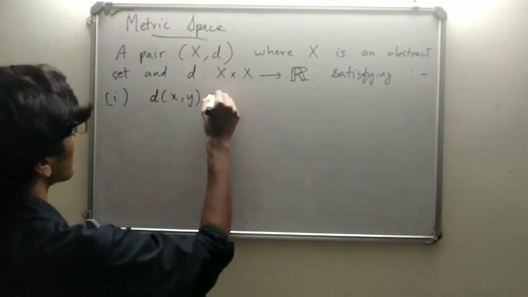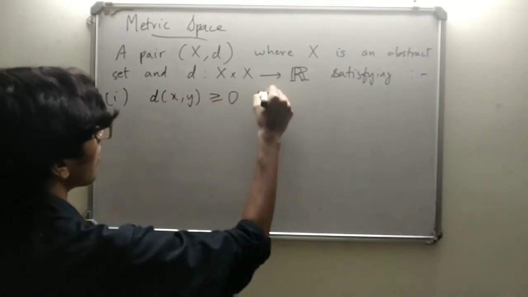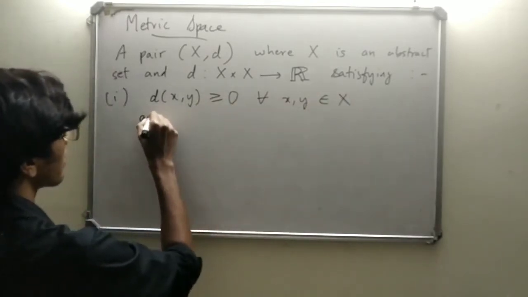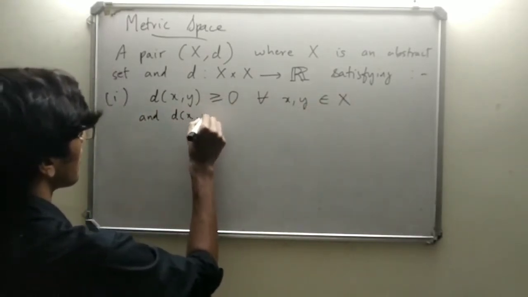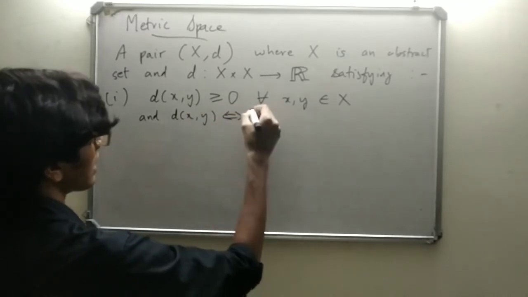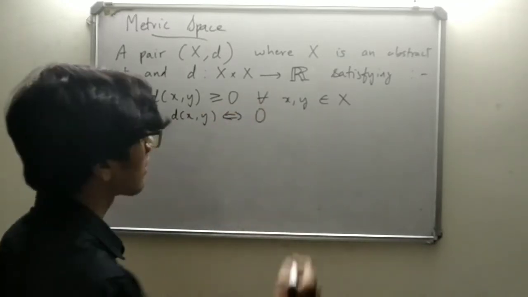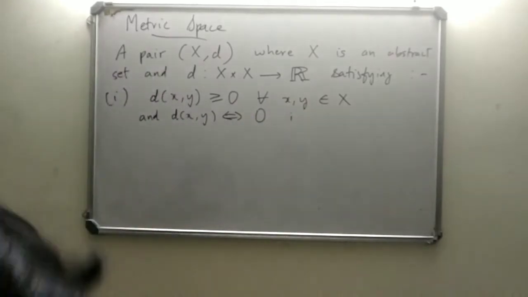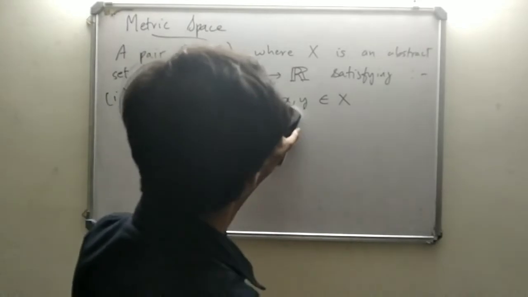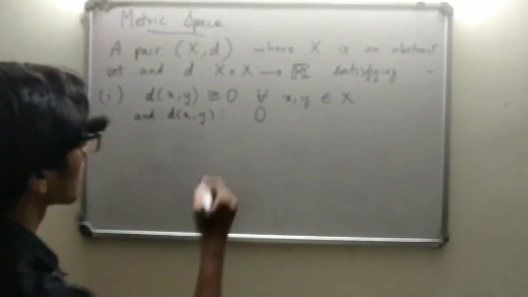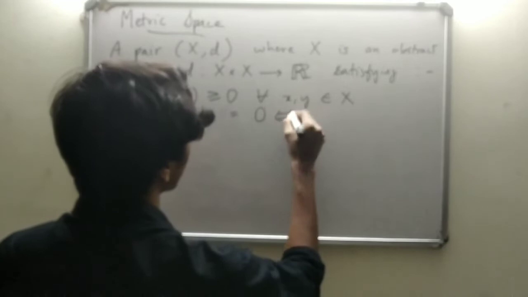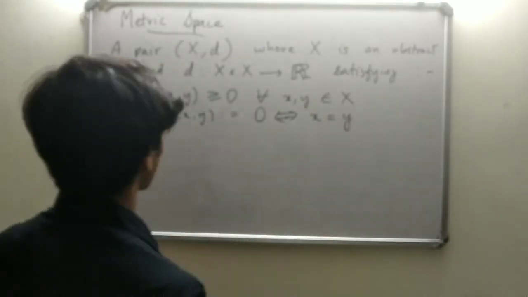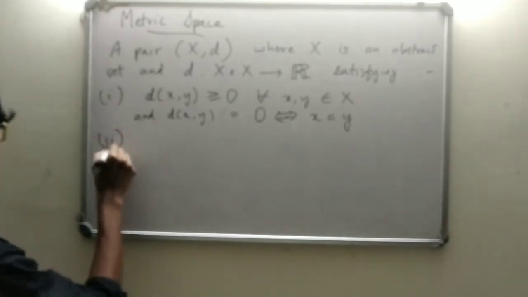D of xy greater than or equal to 0 for all x and y in X, and D of xy equal to 0 if and only if both x and y are one and the same point, x equals y, right?